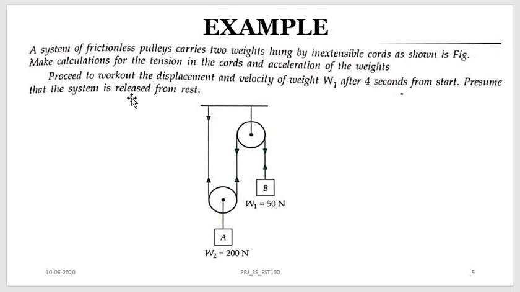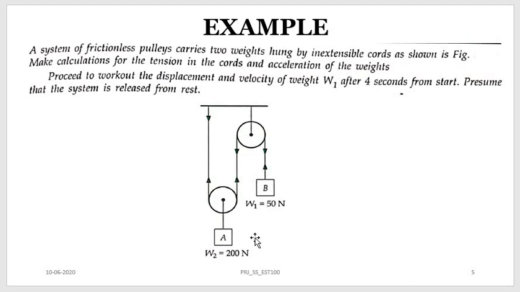Now this is the figure given, and from the given figure, we understand that block B of weight W1 equal to 50 Newton moves in the upward direction, and the weight W2 of magnitude 200 Newton, that is block A, will move in the downward direction.